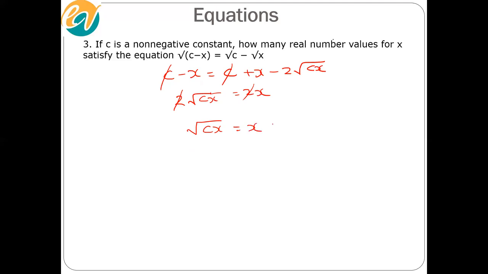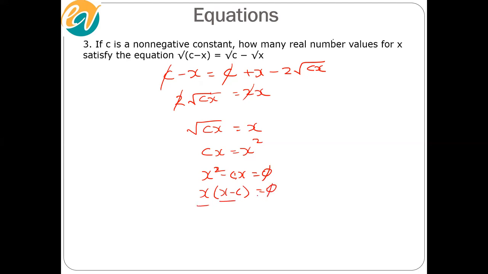Then again square both the sides because we want to remove the square root. So we get cx is equal to x square. Then basically x square minus cx is equal to 0. And then what do I take common? x into (x minus c) is equal to 0.